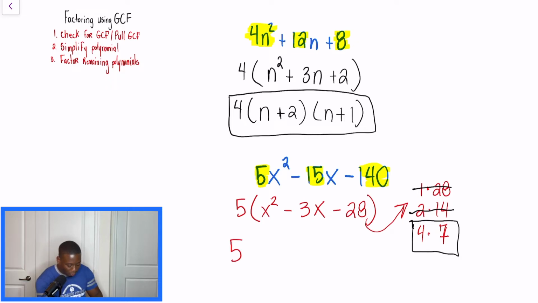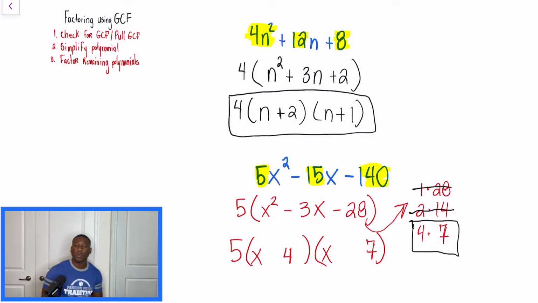So on the outside, we have 5. And then now I'm going to break down this trinomial into the two binomials that multiply to get it. So we have x and 4, and then we have x and 7. The next big question is, what is my sign for 4 and what is my sign for 7? We know when we multiply, we get a negative 28.